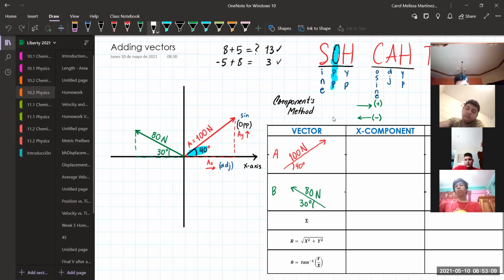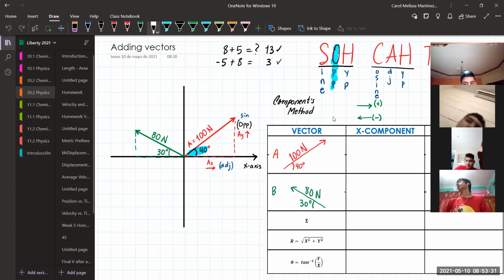Now this formula is not going to change, but I want you to see where it is coming from. AY is equal to my hypotenuse times the sine of the angle.